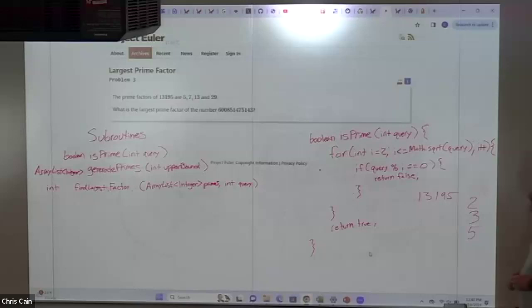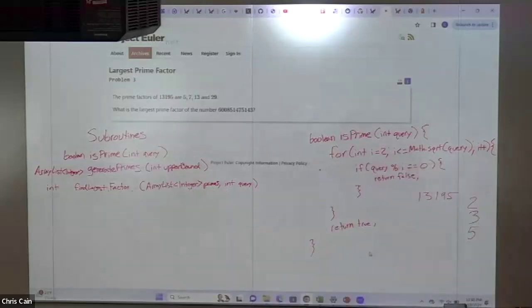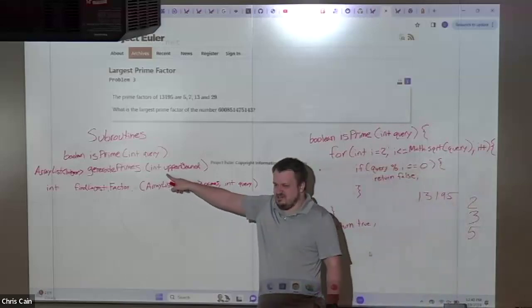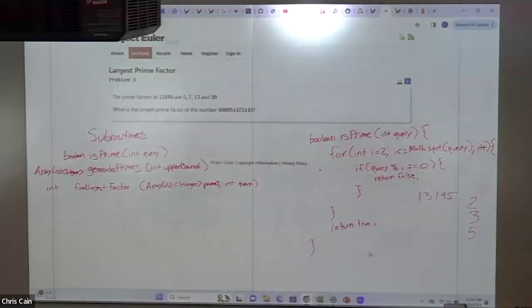So one might argue that generating a huge list of primes might be inefficient here. You don't know which ones you're going to need. So you might want to combine all of this logic and have a current prime number and a way to pass in a current prime number and generate the next prime number. So you might instead want a generate next prime method and then some kind of driver that's going to take the number from the user and then start with the first prime, consistently call generate next prime, generate next prime, generate next prime.